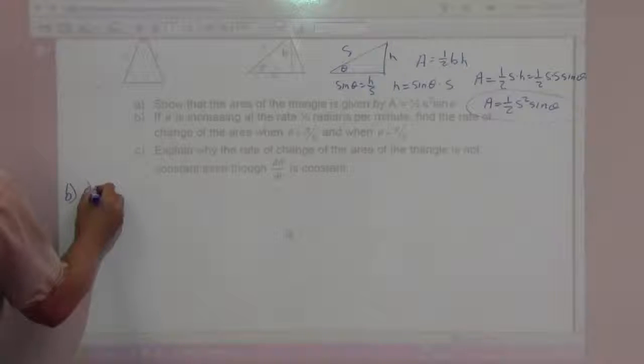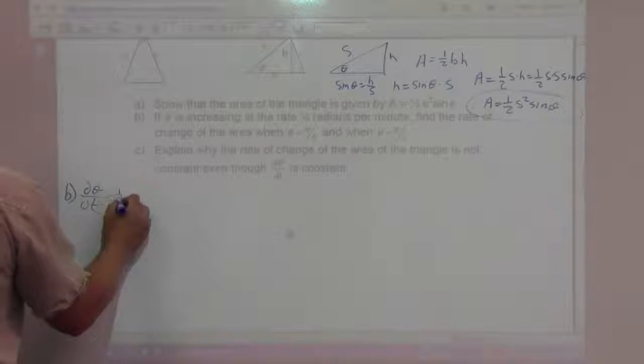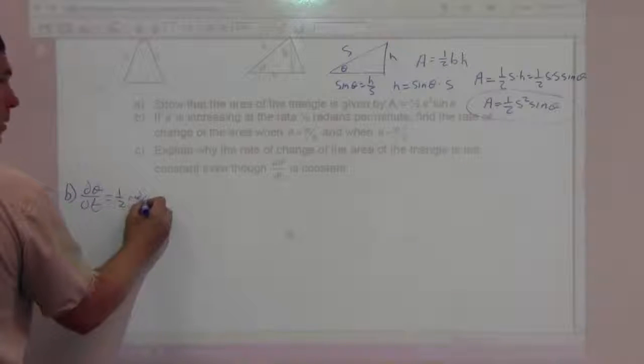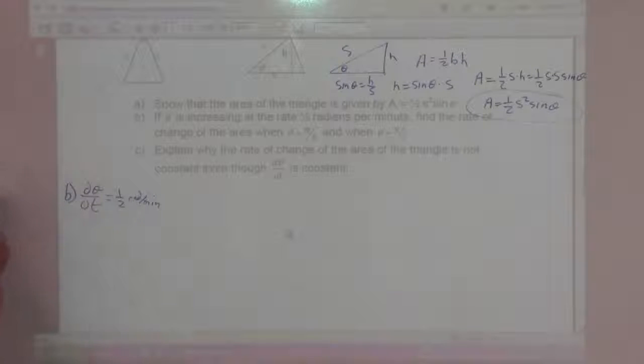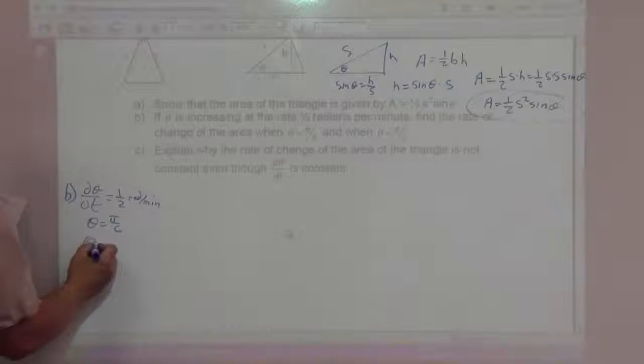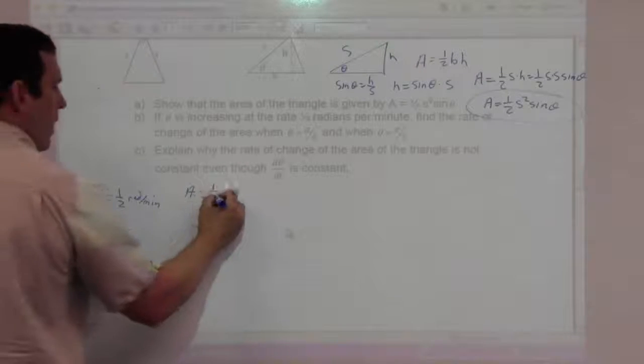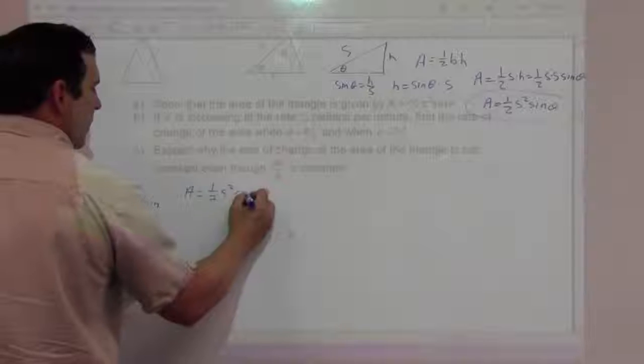our d theta/dt, we're told, is 1/2 radians per minute. And we're looking at theta being pi over 6 and theta being pi over 3. We know our area is 1/2 s squared sine theta.